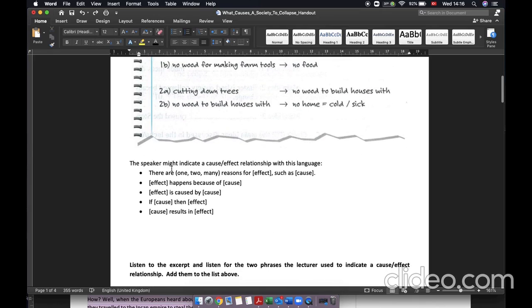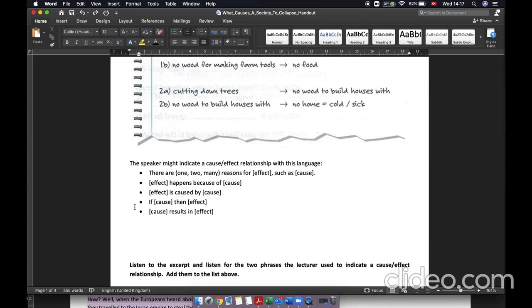The speaker might indicate a cause and effect relationship with this language. There are one reason or two reasons for desertification, such as climate change. And desertification happens because of climate change, or desertification is caused by climate change.